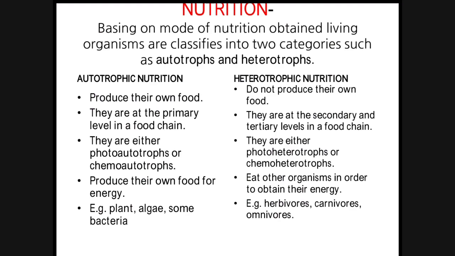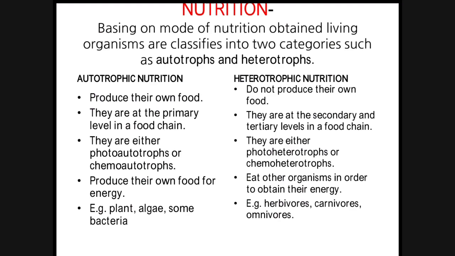There are two basic categories of organisms, that is autotrophs and heterotrophs, based on their mode of nutrition. The basic difference between autotrophs and heterotrophs is that autotrophs can produce their own food while heterotrophs do not produce their own food.